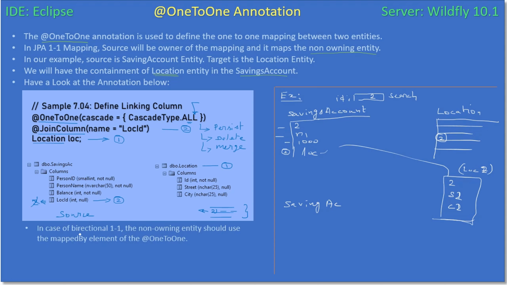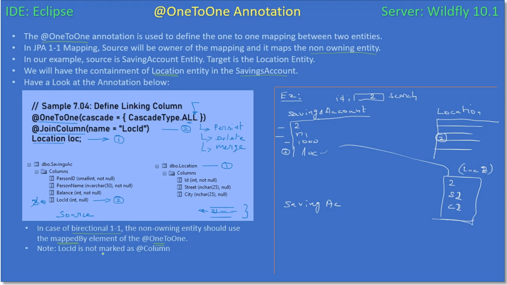In terms of bidirectional one-to-one, the non-owning entity should use the mapped by element, so that we will see in the part 8 video. So we will go into detail later for this bidirectional.